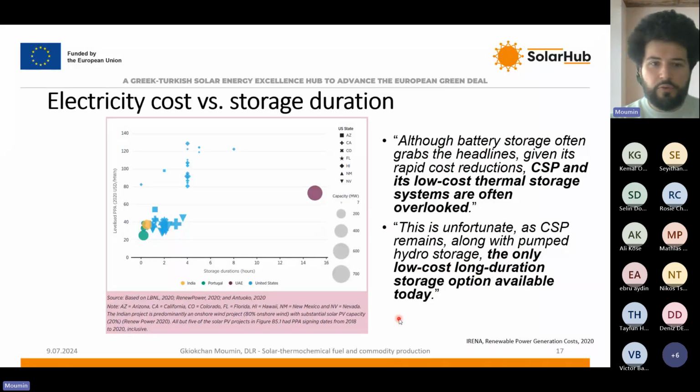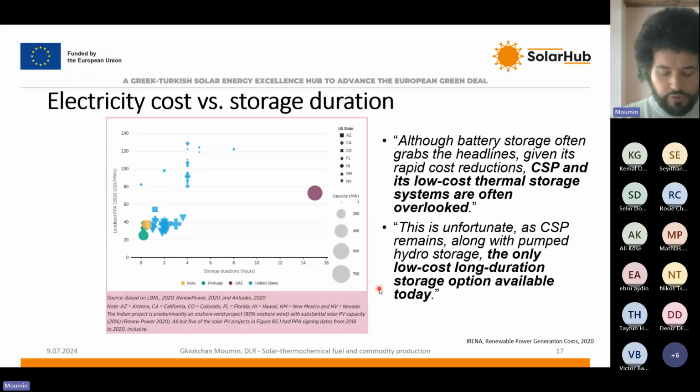And this is really something we have to keep in mind and really push. Let's say that we have a technology that can store heat, as I've shown before, and at least fulfill 40% of the capacity, probably even more depending on the region. And we have to really convey this message and keep this in mind.